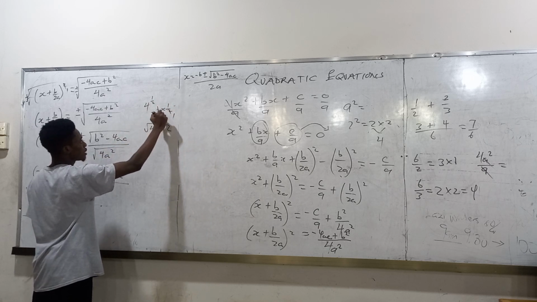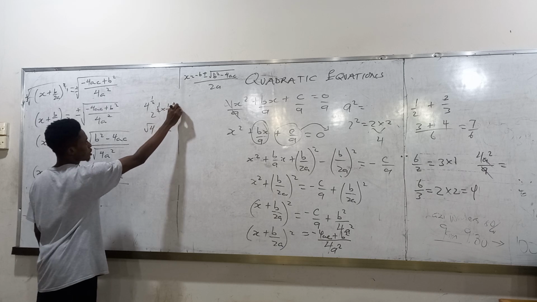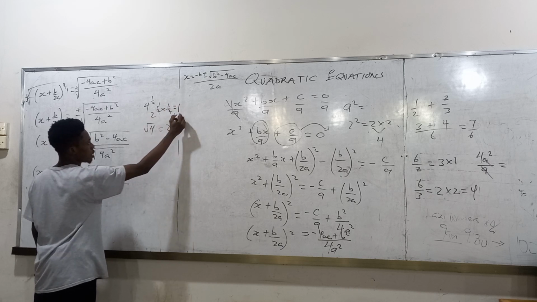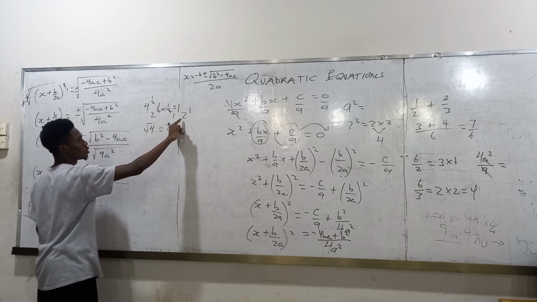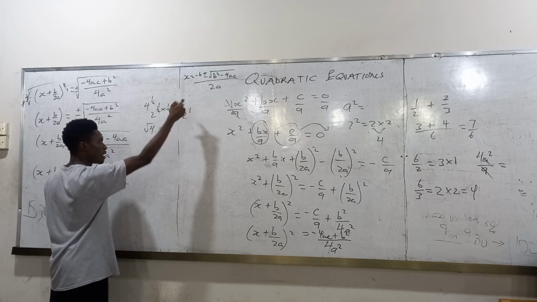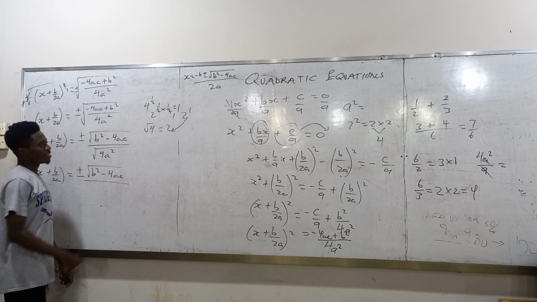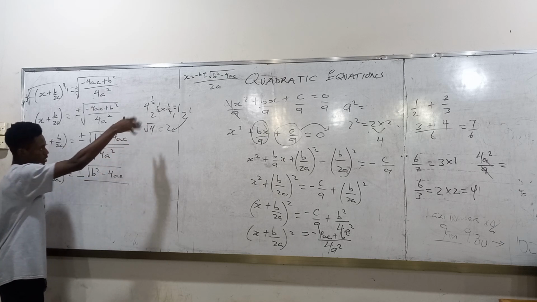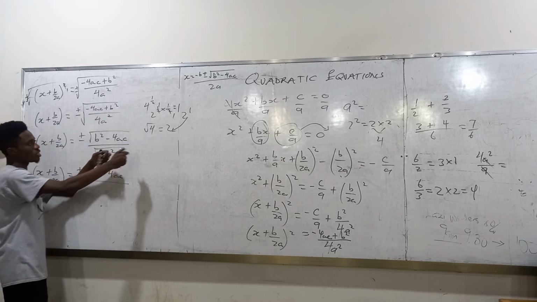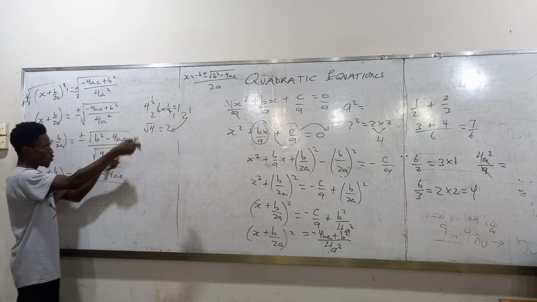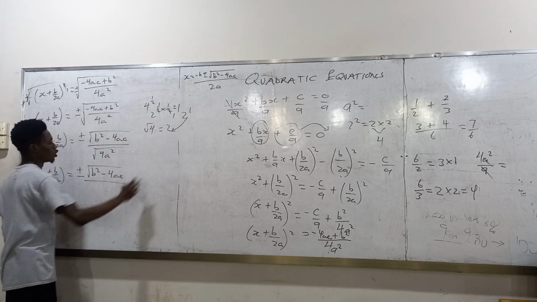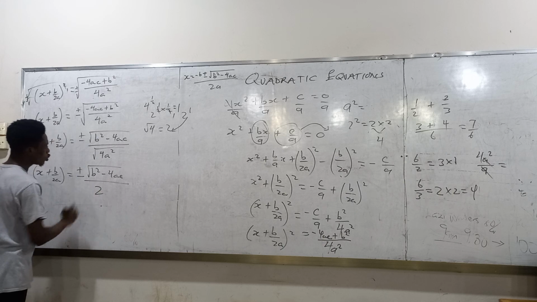So this will cancel this to be 1 times 1, which is 1. So we'll be left with 2 to the power of 1, and any number to the power 1 is that same number. So root 4 is also 2. This one, square root, you should just master them. But when you have your calculator, when you press root 4, you get your answer to be 2. So here you get 2.